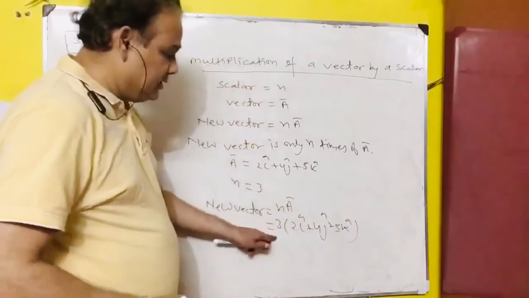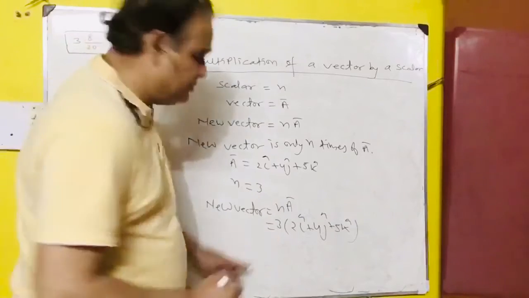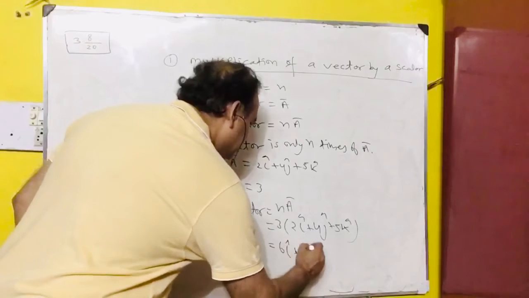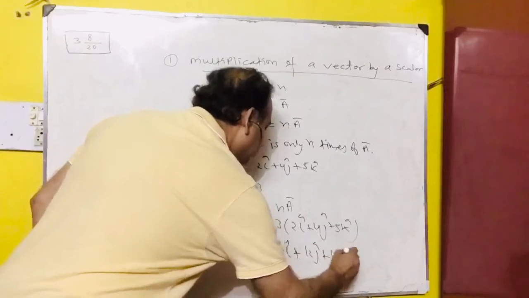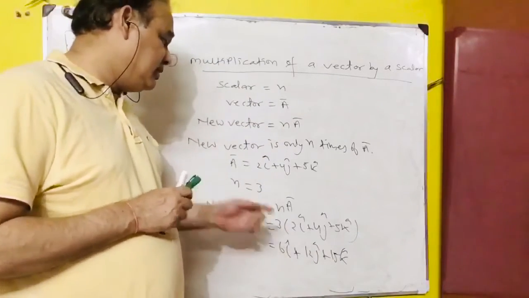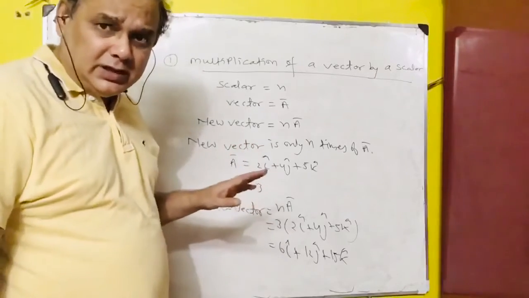It means it is now increased by 3 times, 6i plus 12j plus 15k. Every component is now increased by 3 times. So there is no change in direction.